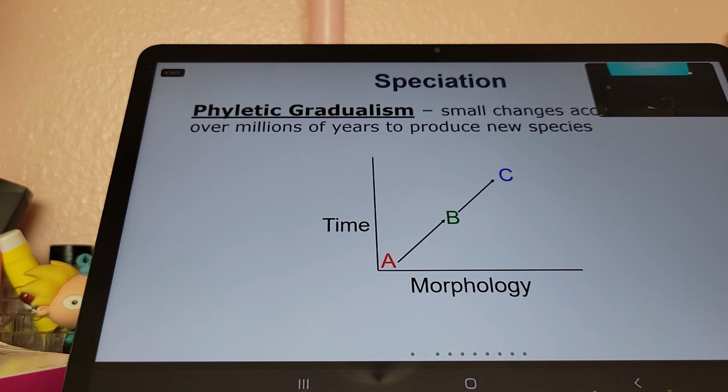We have time on the vertical axis and morphology on the horizontal axis. As you go from early to late, deep time, you get a change in morphology. So you start with easily recognizable species A.